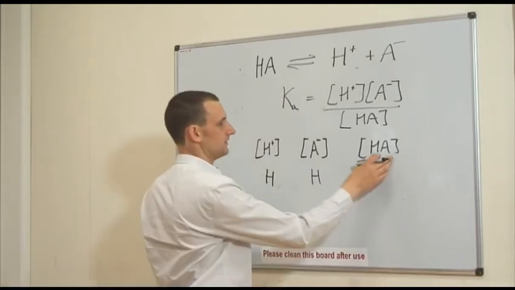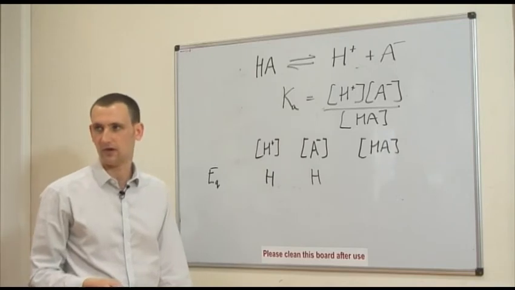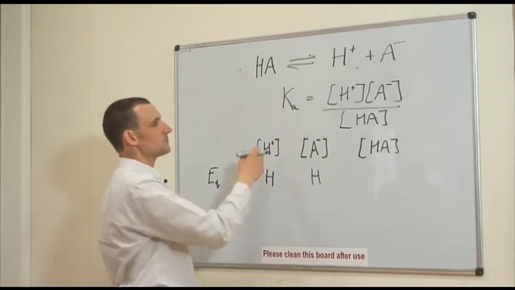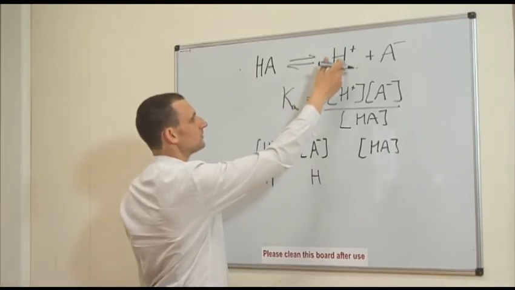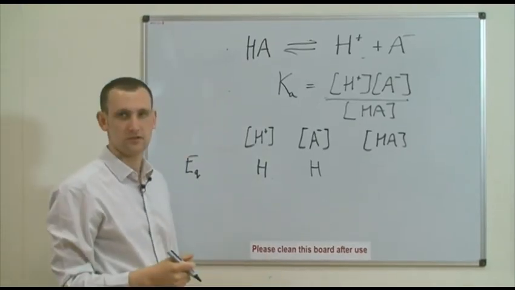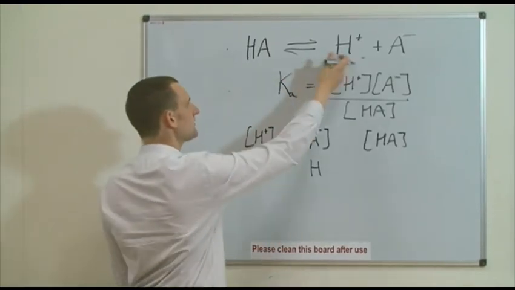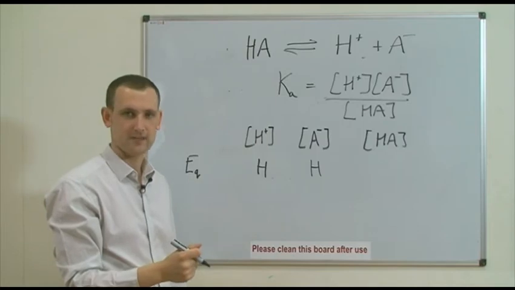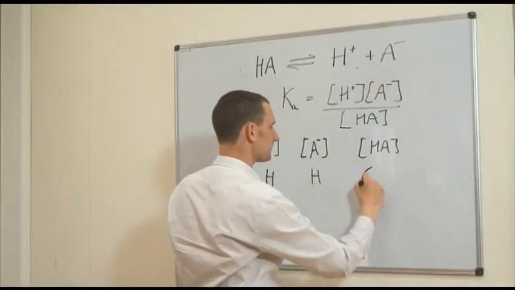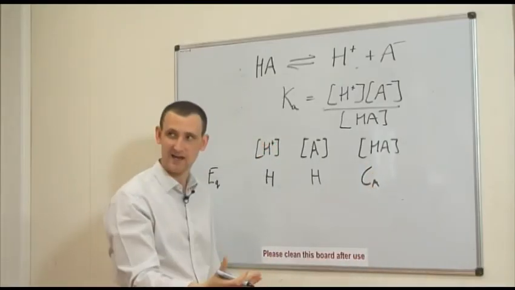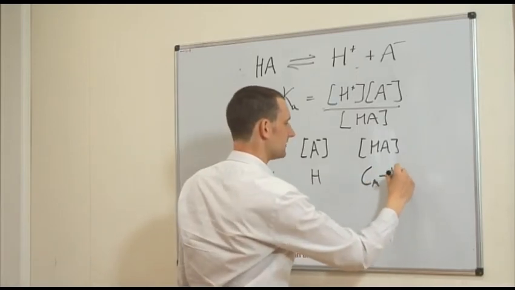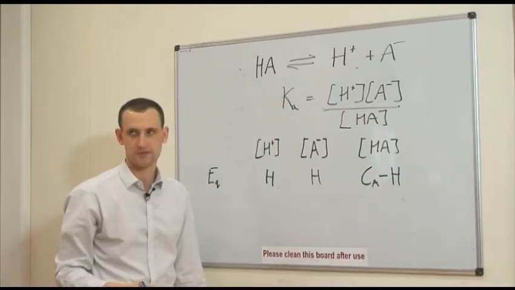Finally, our concentration of acid species is going to be reduced by an amount equal to the concentration of protons, because for every proton produced, we've lost a molecule of acid. So that's going to be the initial concentration, which we can term Ca, minus H, the amount that's being converted into protons.